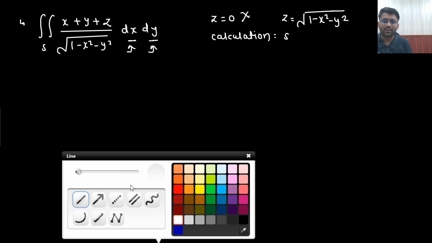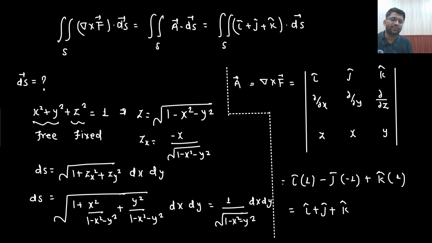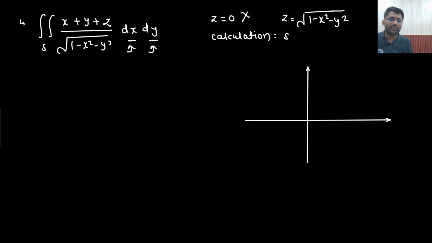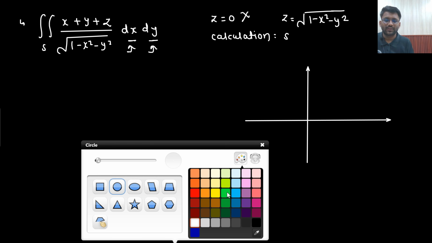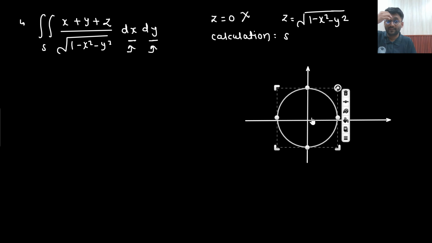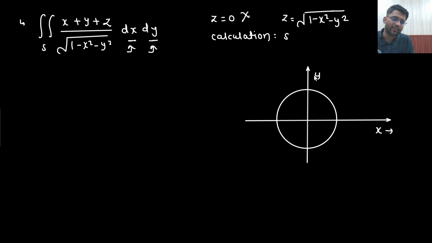Okay. So you will come to the xy plane. On the xy plane, if you take the projection, you already know, sir, that I will be getting a circle. The equation of the circle will be x square plus y square equals to 1.